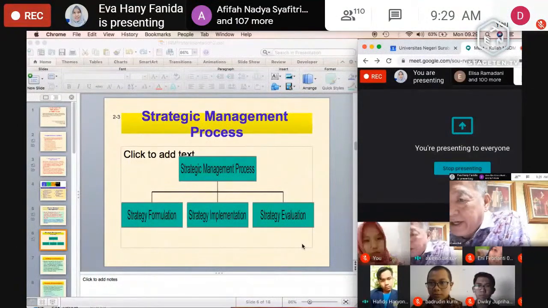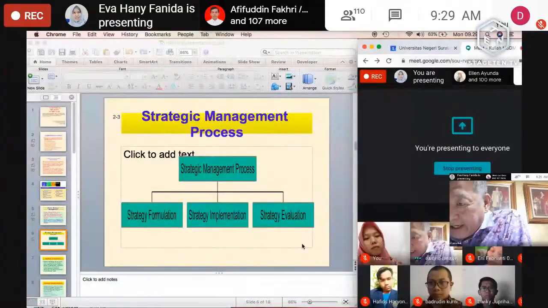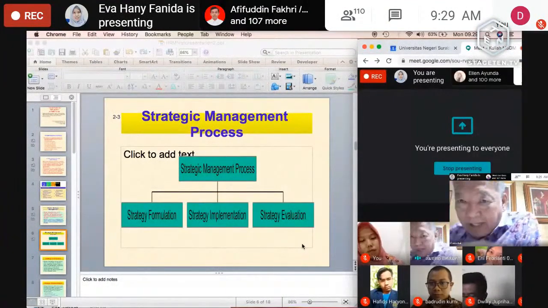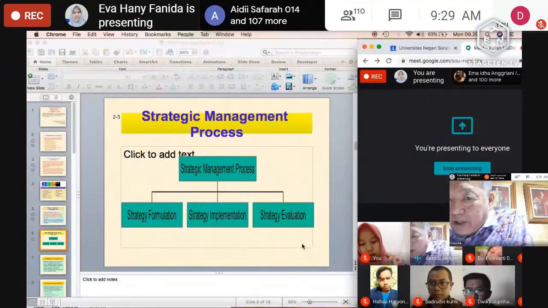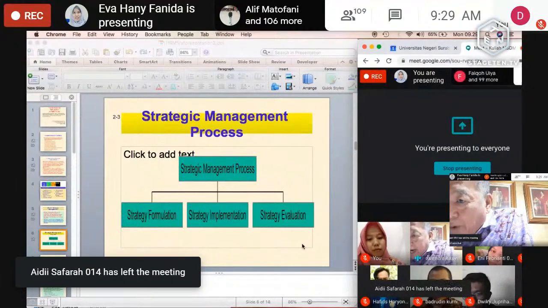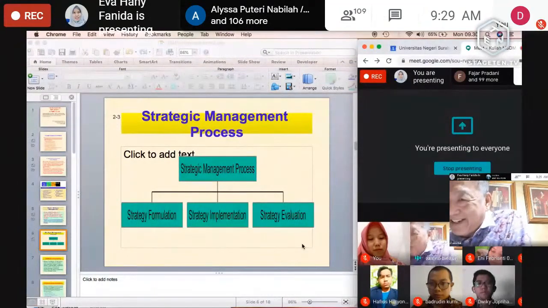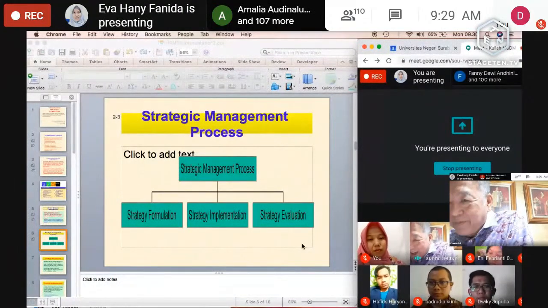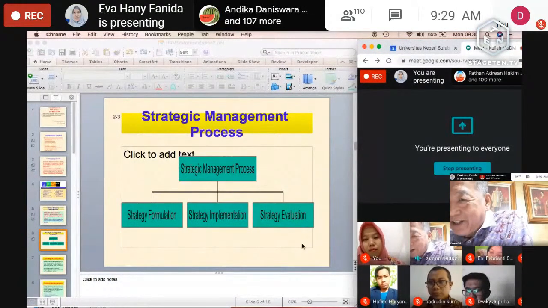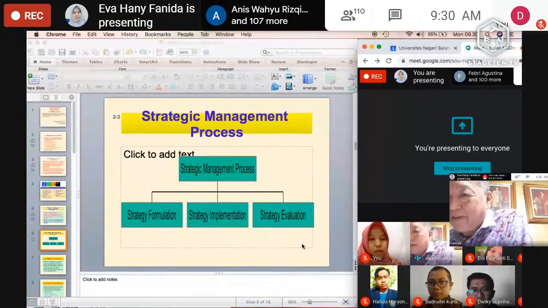The goal is the goal of the organization, not the goal of strategy formulation or strategy implementation. They are the same goal, the goal of the organization. So we have to set up strategy, and we have some technique to implement it by using our functions in order to support the goal of the company we are going to reach.